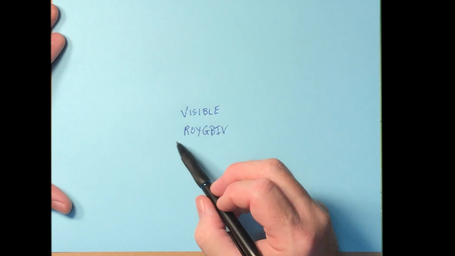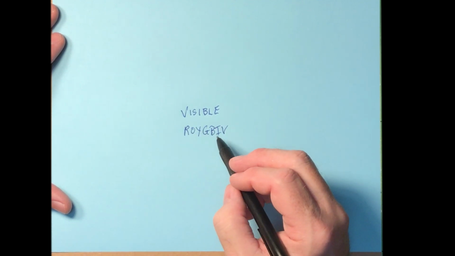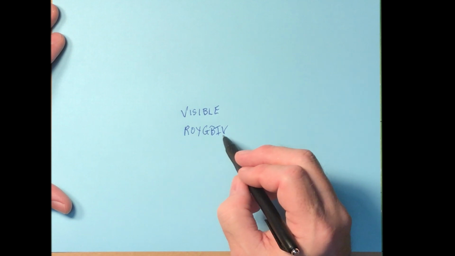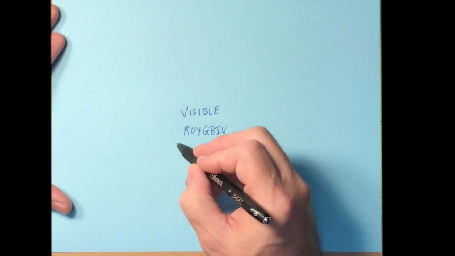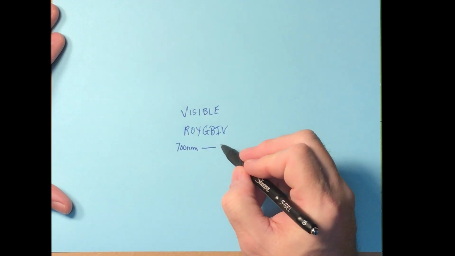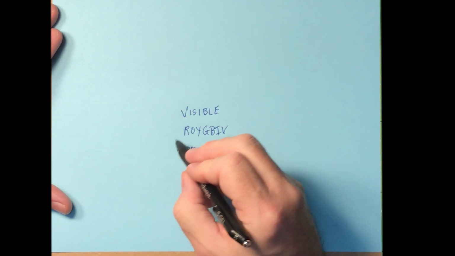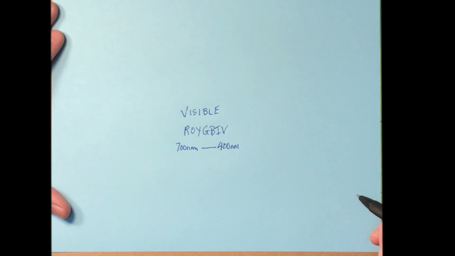Now every color is a mixture of some of those, but these are the colors of light. The wavelength range for visible light very approximately goes from 700 nanometers to about 400 nanometers. Okay, so that's the range of visible light.